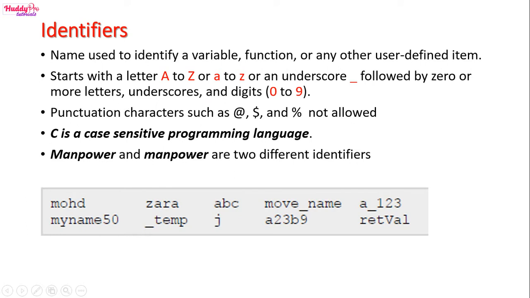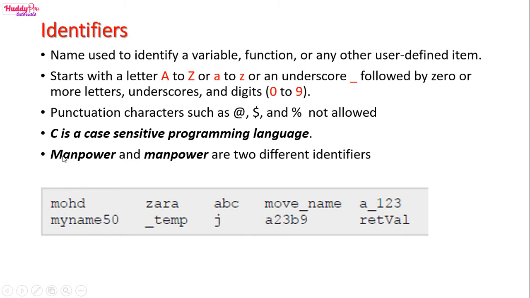Now C does not allow punctuation characters such as this @ symbol, the $ sign, the percentage. They are not allowed to be used as the names of identifiers. C is a case-sensitive programming language. What does this mean? In C programming, when you write this word manpower and this other word manpower, they are very, very different.